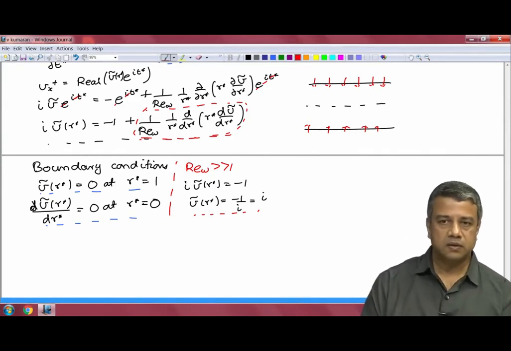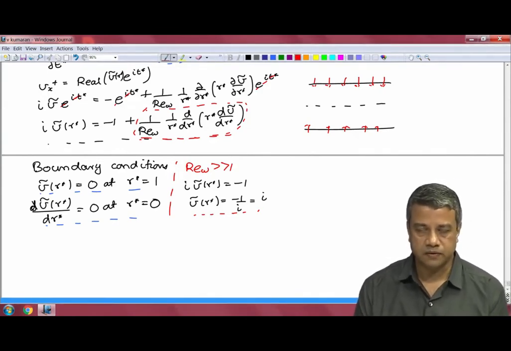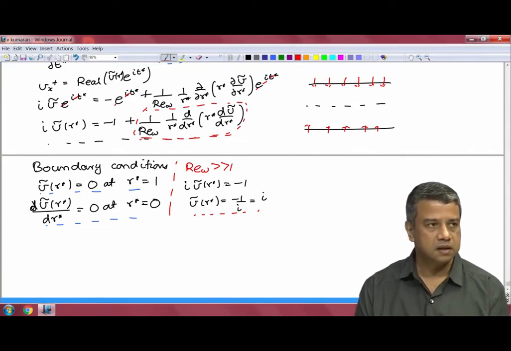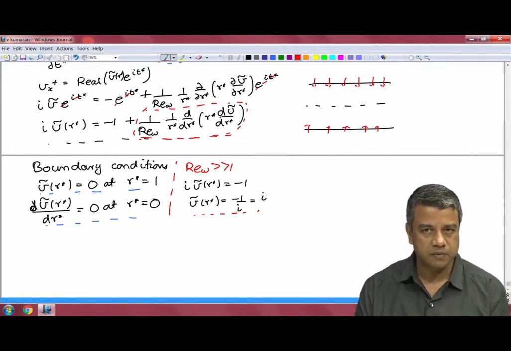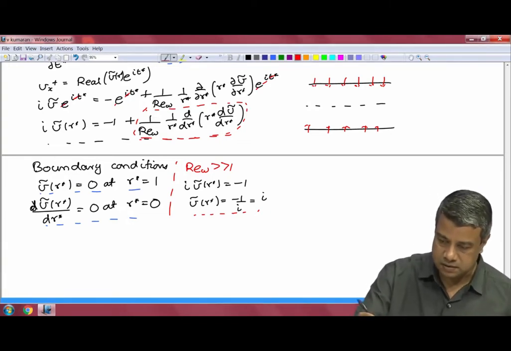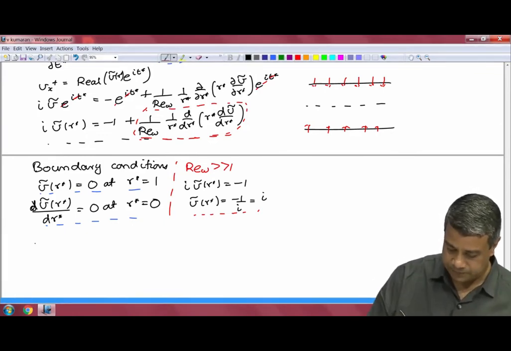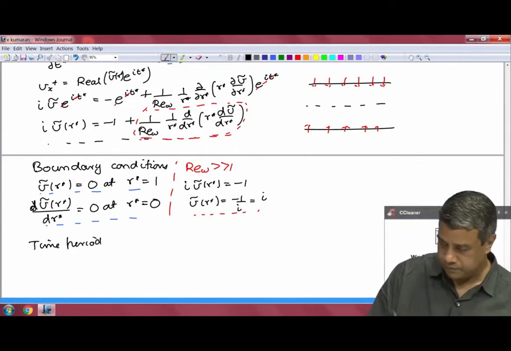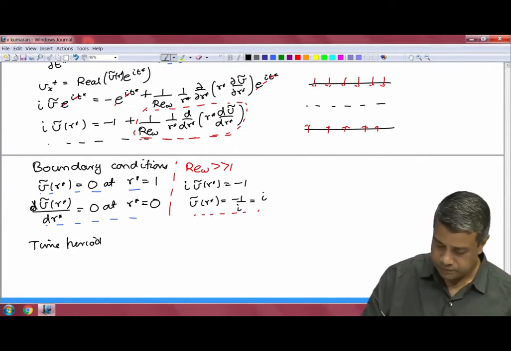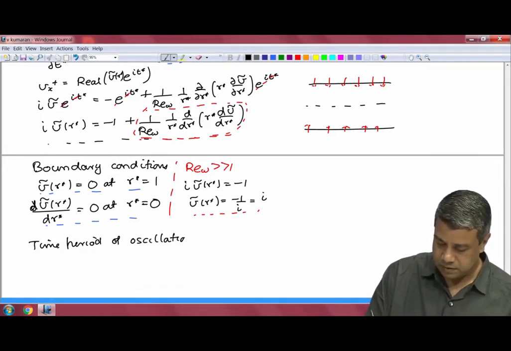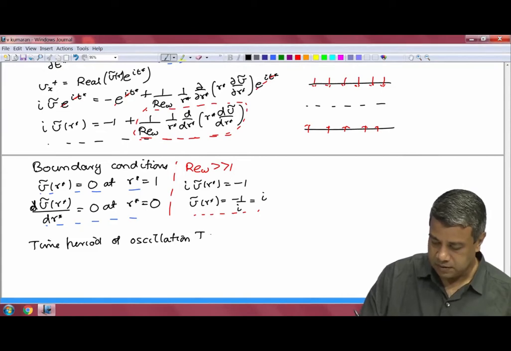How thick is the region where there is momentum diffusion? The time required for momentum diffusion over a distance. So if we take the time period of oscillation, t, which was equal to 2 pi by omega.